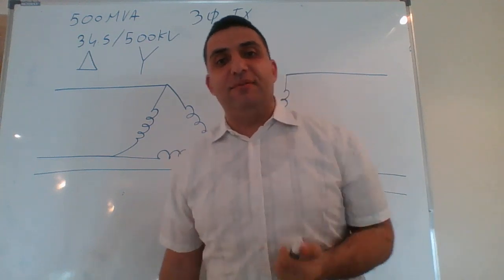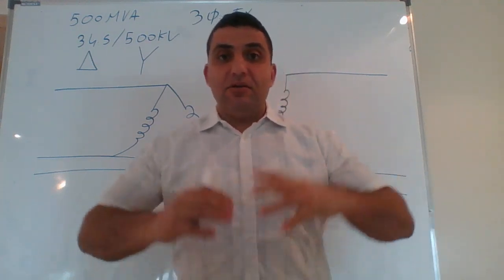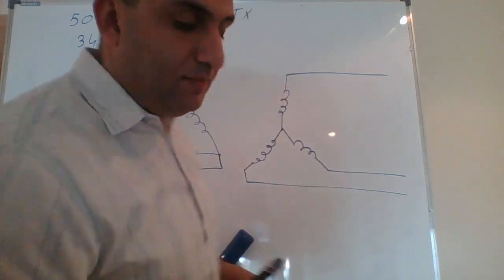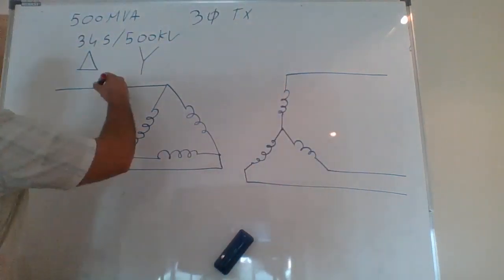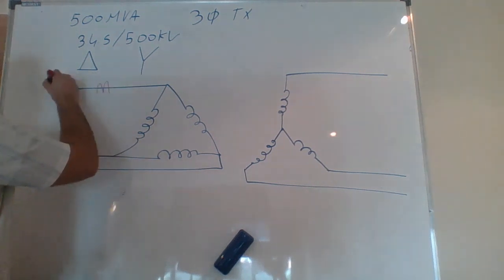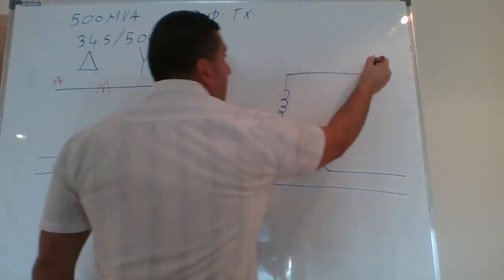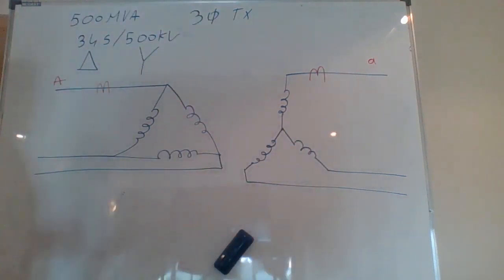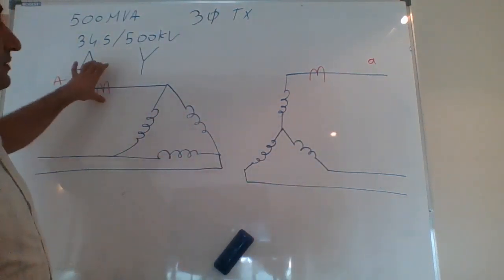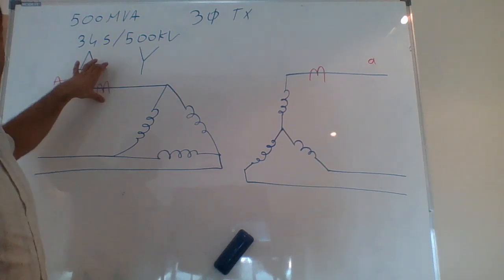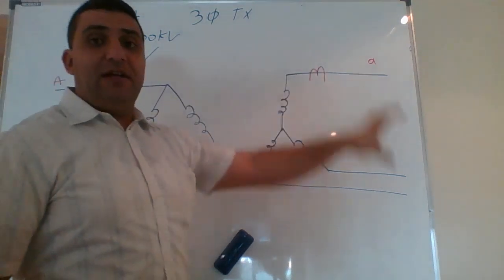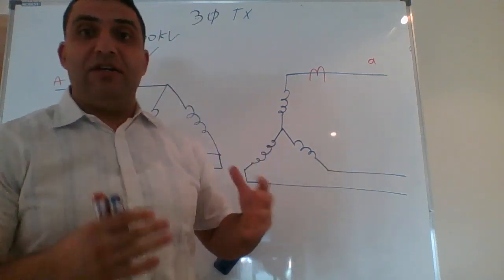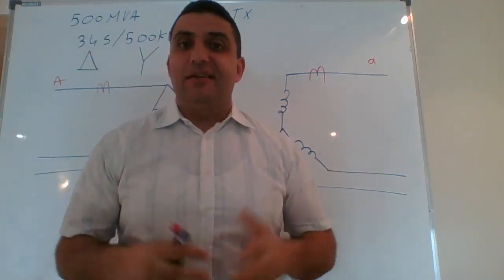For a three-phase transformer, the concept of differential protection is exactly the same. I need to connect a CT. This is phase A, for example. So I connect a CT on phase A primary, a CT on phase A secondary, and I take them down to a differential relay.